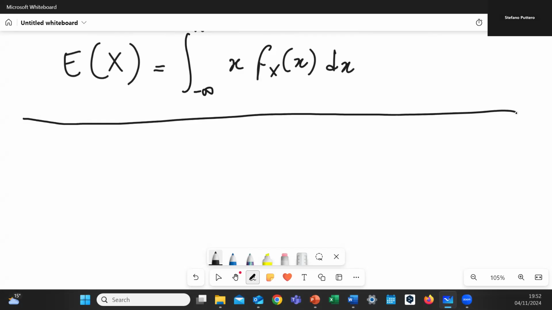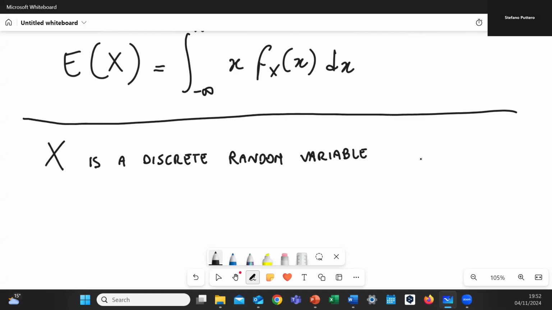So X again is a discrete random variable that looks at the face that comes out from the rolling of a die.